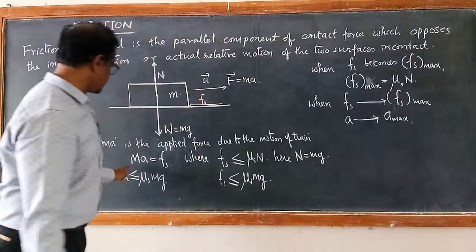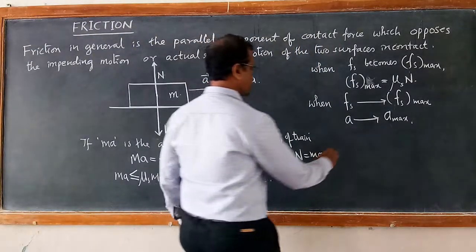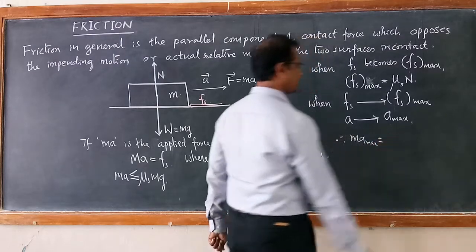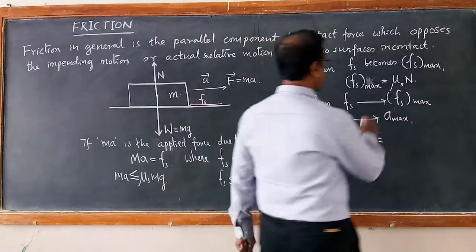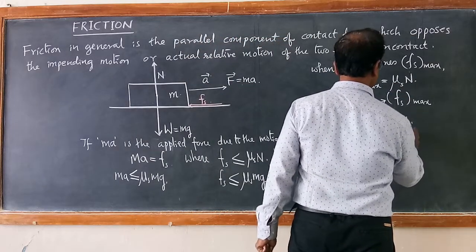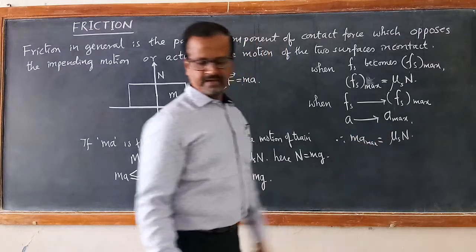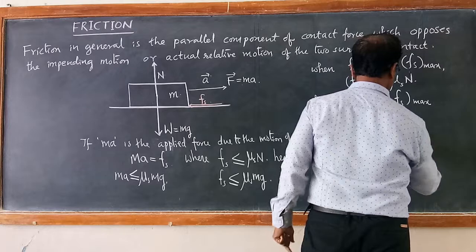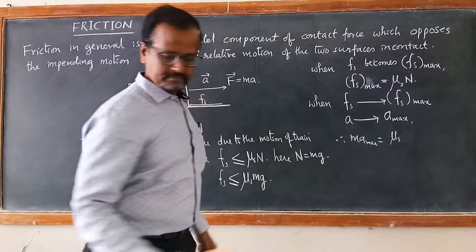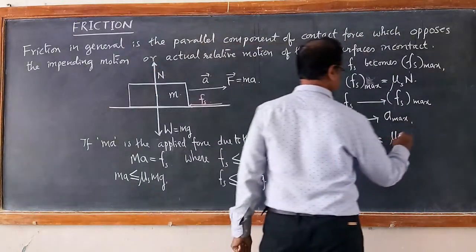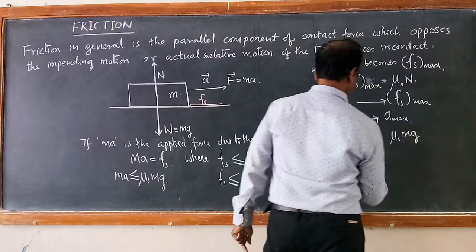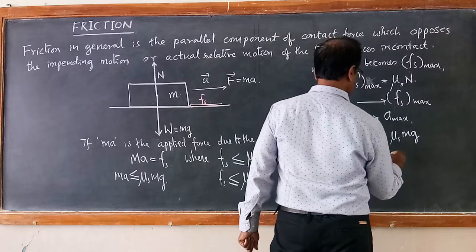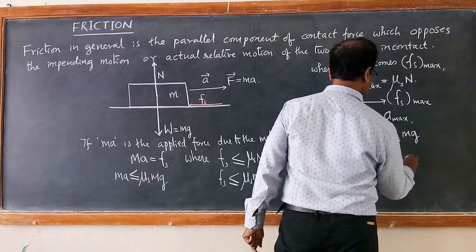So now I can substitute here ma max is equal to mus n. Now substitute the value of n. What is the value of n? n is mg. So m cancels, therefore a max of the train is equal to mus g.